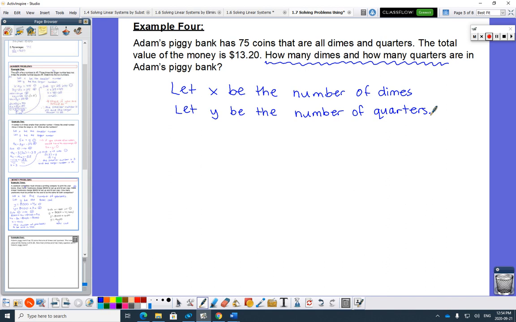So the number of dimes and the number of quarters adds up to 75 coins.